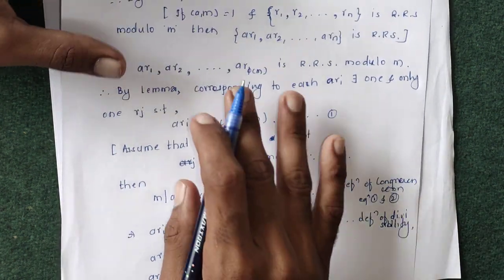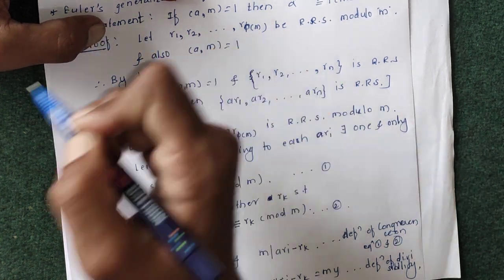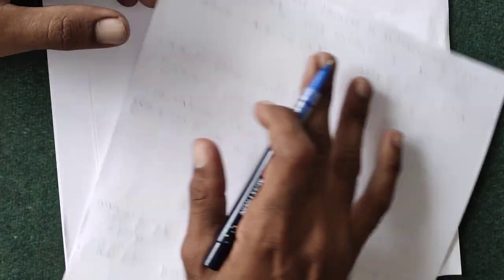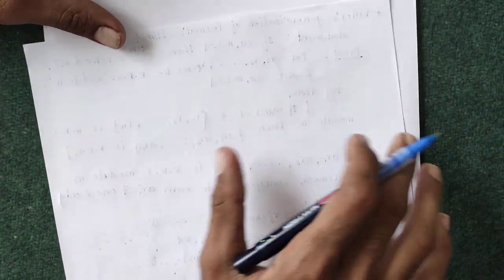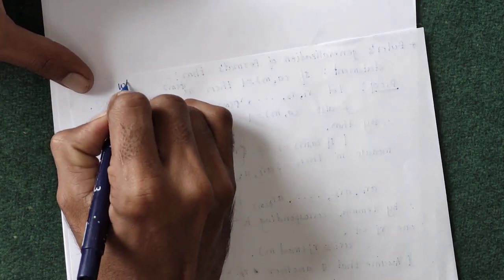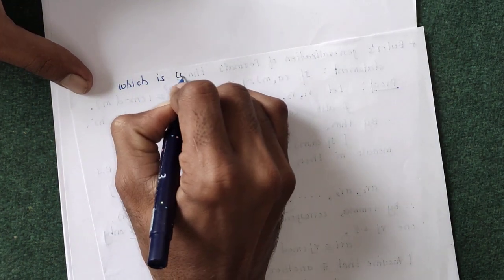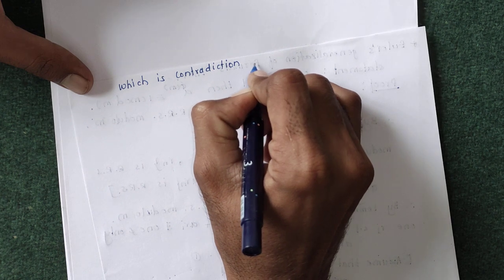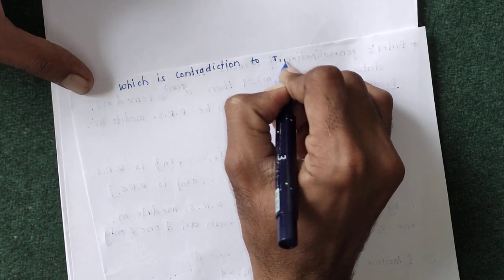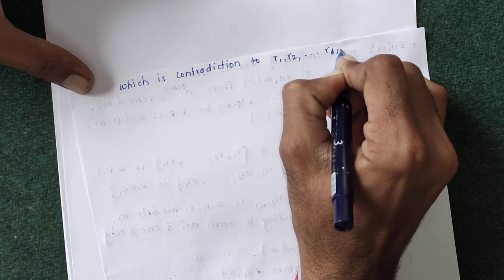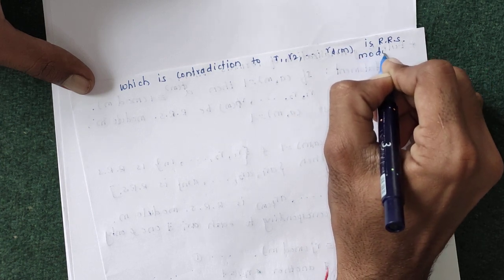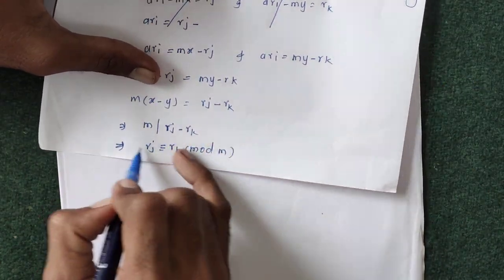If these Rj's are congruent to each other, then it is a contradiction, because R1, R2 up to Rφ(m) is a reduced residue system modulo M. This is a contradiction to the second condition of a reduced residue system.